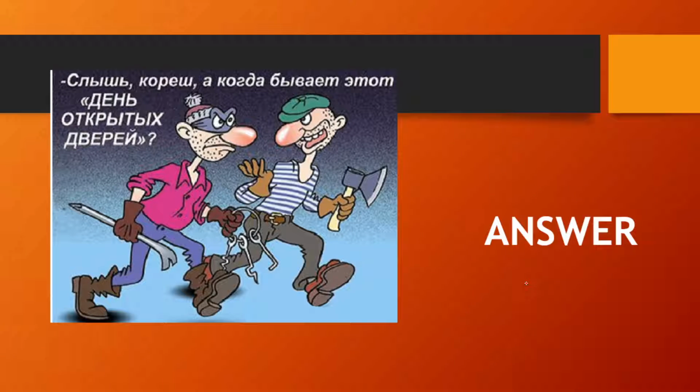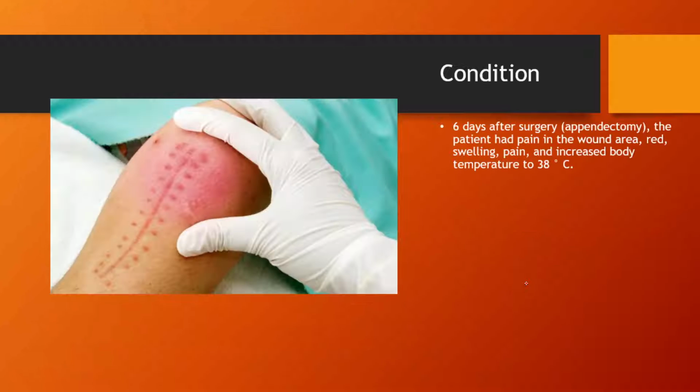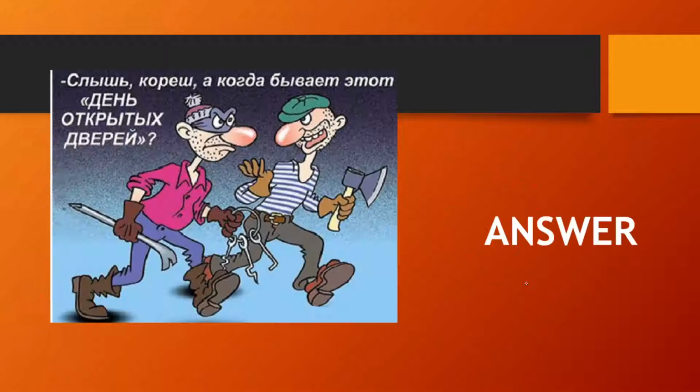Answer for the first case. If you remember, it is this one. The first answer: there was wound suppuration. It is necessary to remove sutures, open the wound, remove the pus, and further treat the purulent wound. Okay.